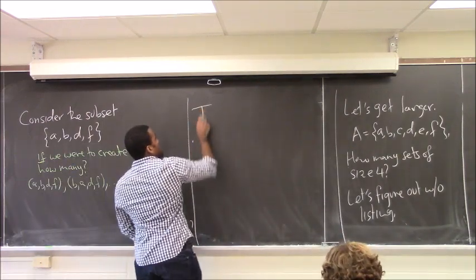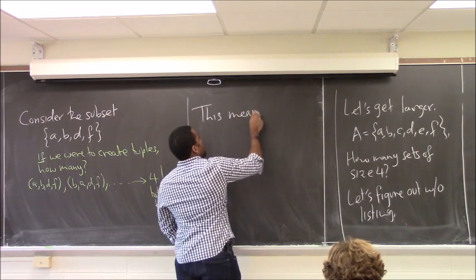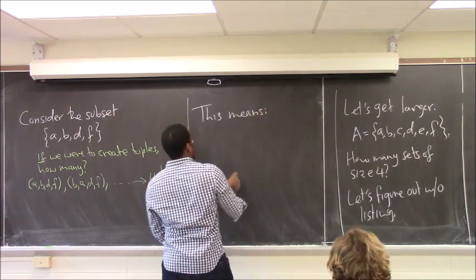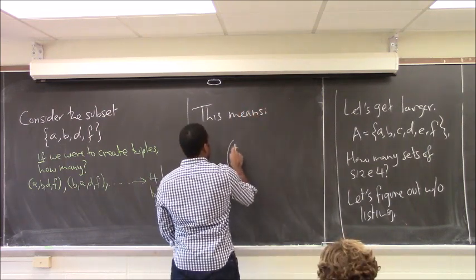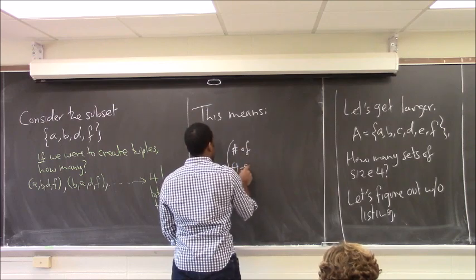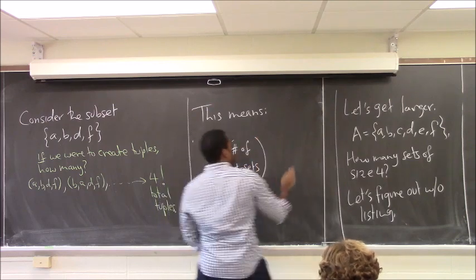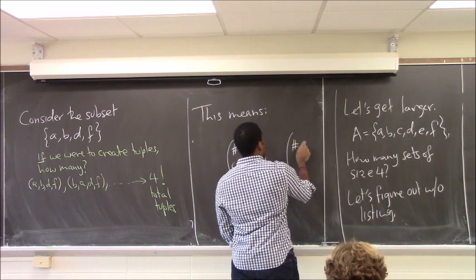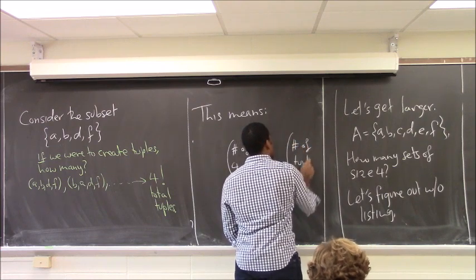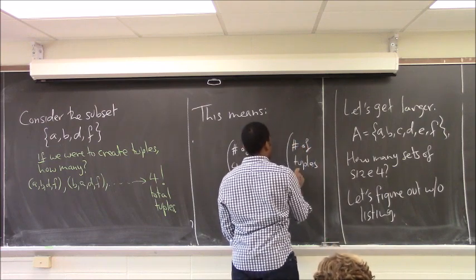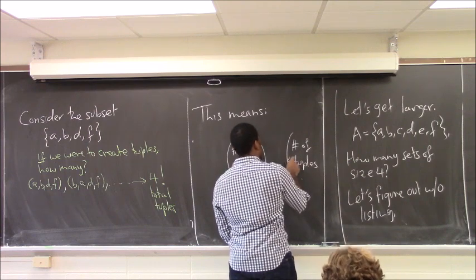So this means, if I take the number of 4 sets of size 4, how would those compare to the number of 4 tuples?